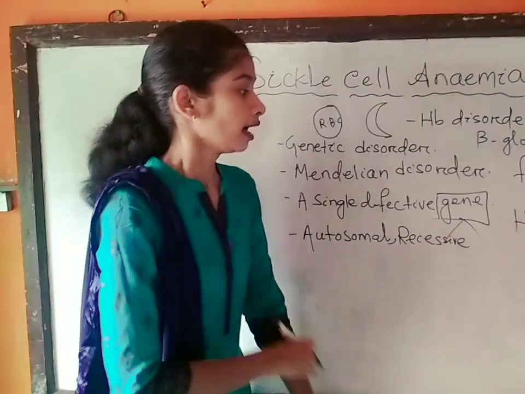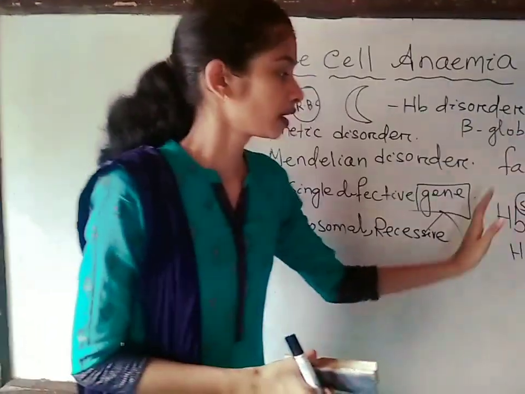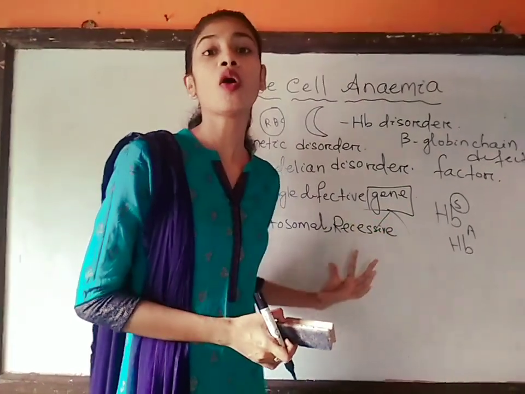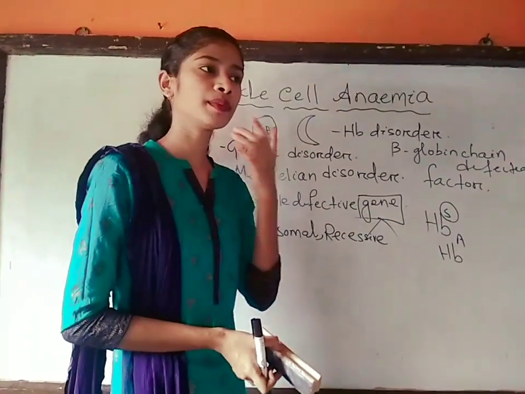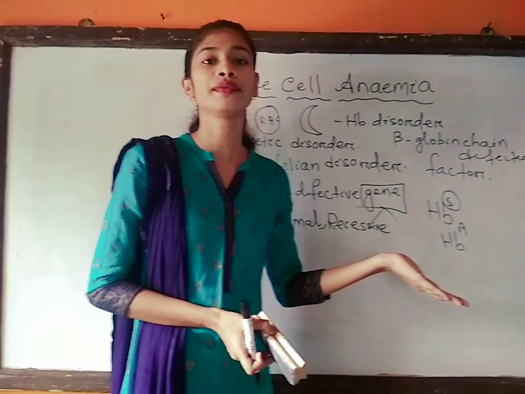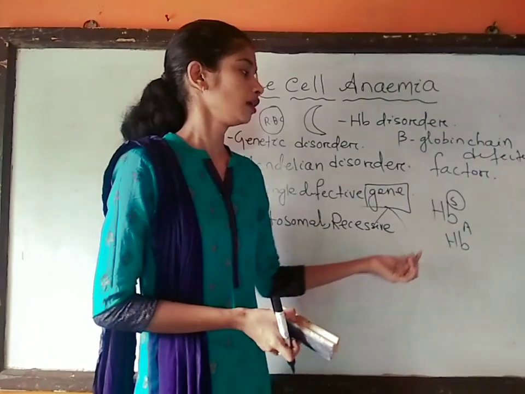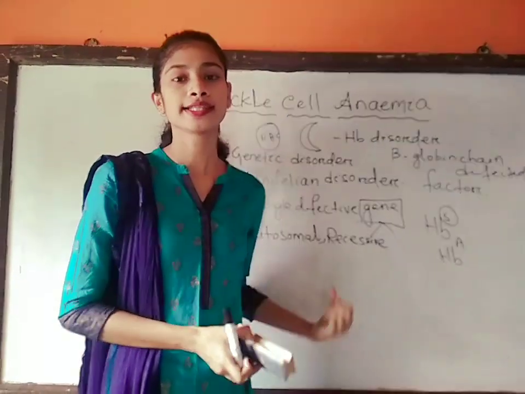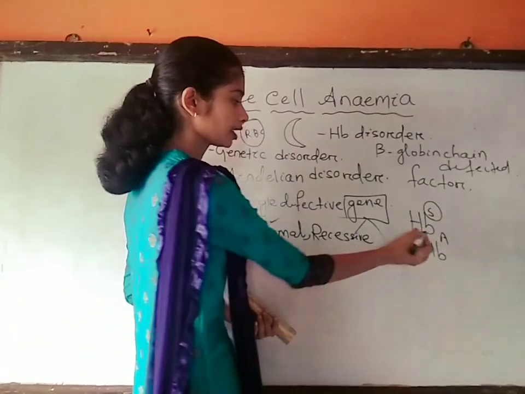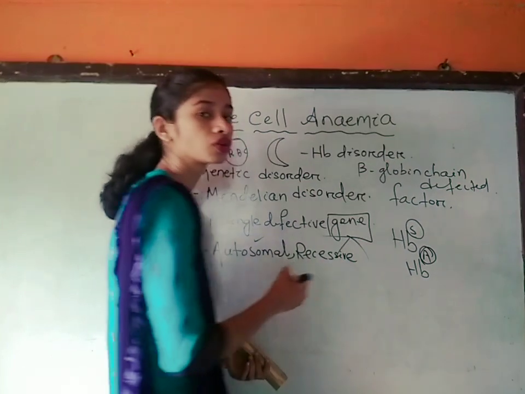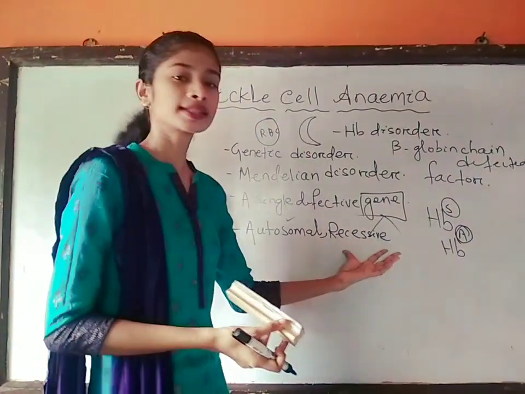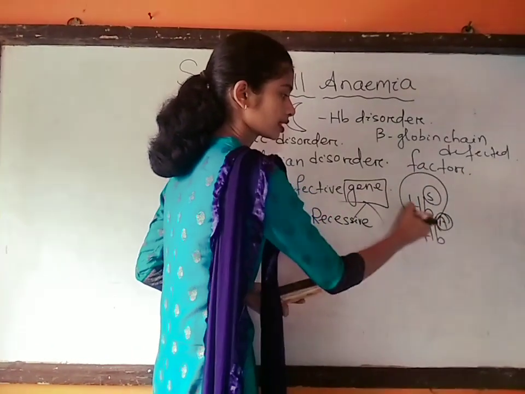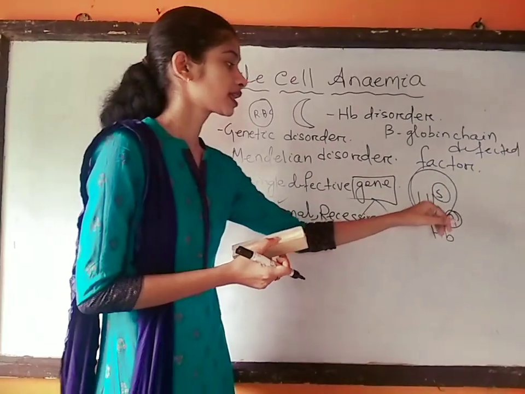Why HBA? Because the gene is found in the autosome. You know a gene may be found in the sex chromosome or in an autosome. Here the defective gene is found in the autosome. That's why it's an autosomal disorder. And it's recessive because this HBS gene is recessive.